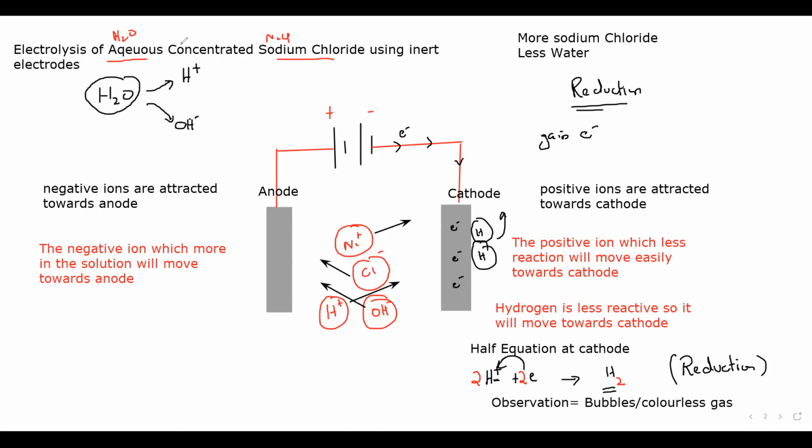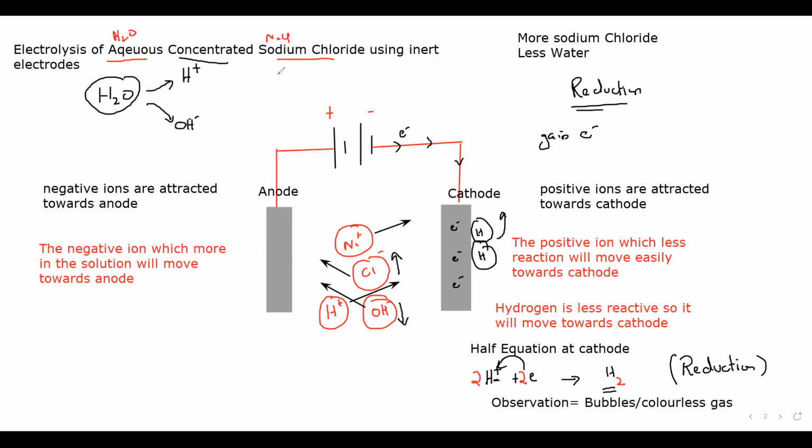So which negative ion is more in the solution? As we know, it is aqueous concentrated sodium chloride. So the chloride ion is more, and the hydroxide ion is less. Why? Because I mentioned in the beginning that it is the electrolysis of concentrated sodium chloride.